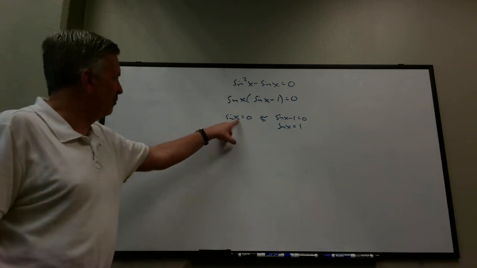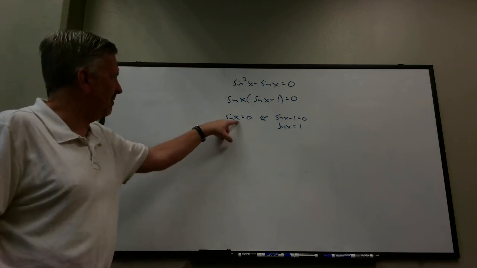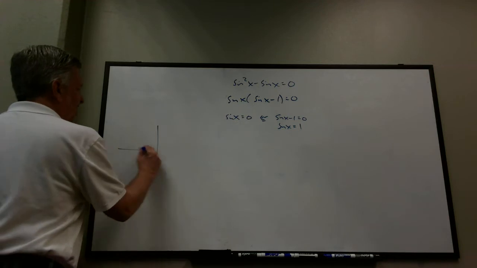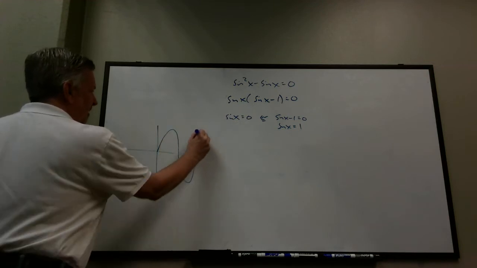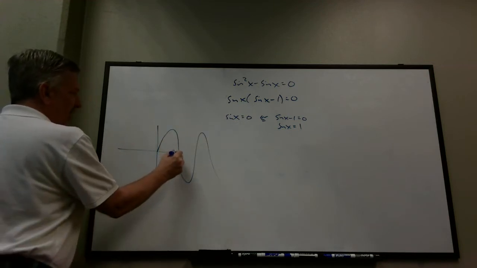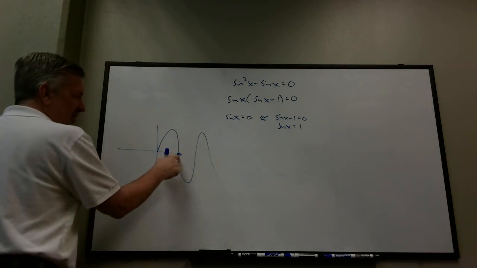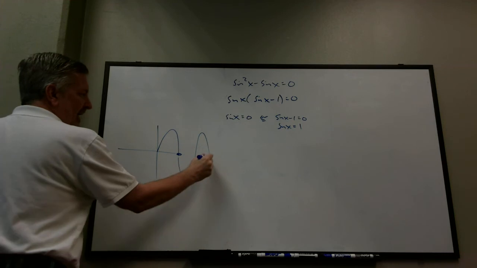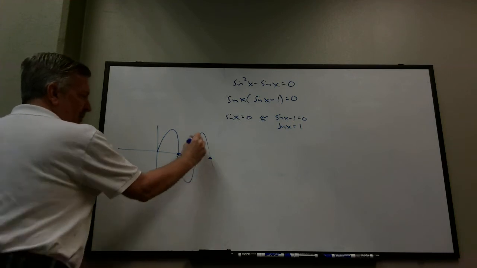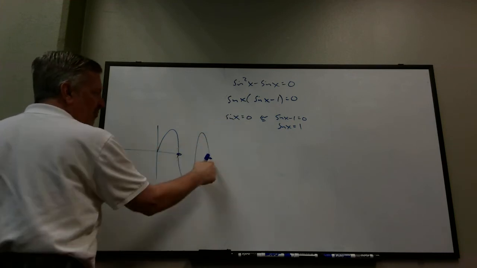So any solution that makes this true, sine of something is 0, well, let's think about the sine graph, remember, right? The sine graph does, like that. So here would be a solution, whatever x value this is, because this is my sine graph, sine is 0. If I add 2 pi to that, right, you complete a whole cycle, well, that's also where sine x is 0.